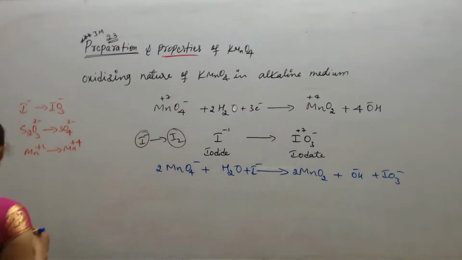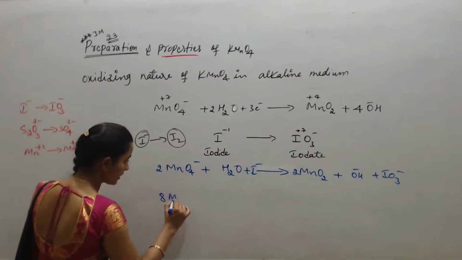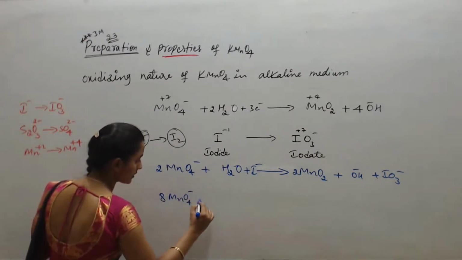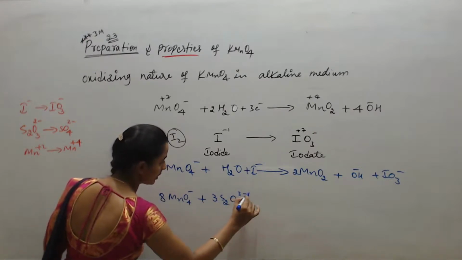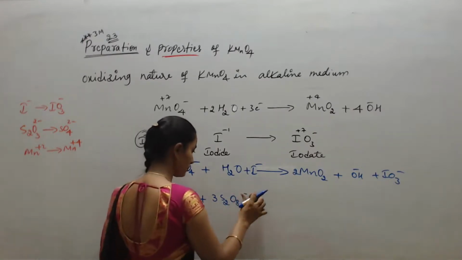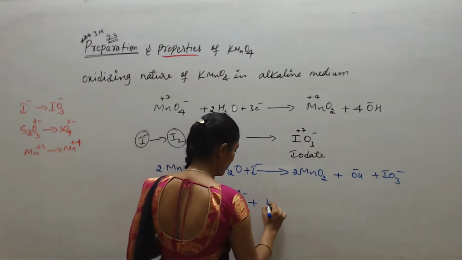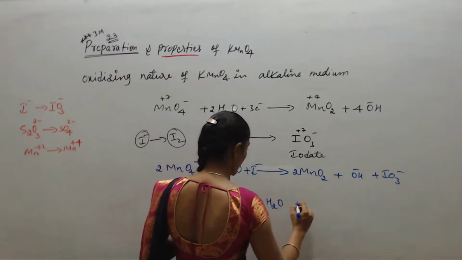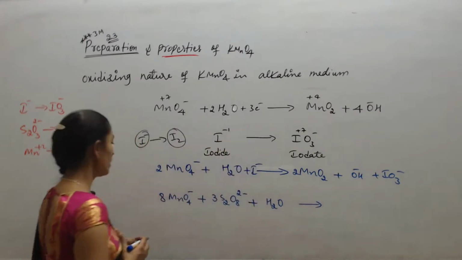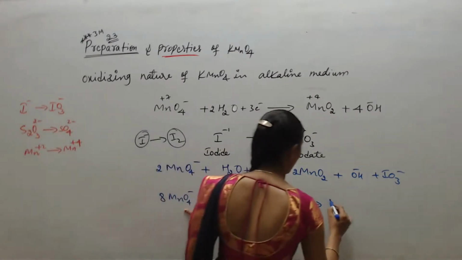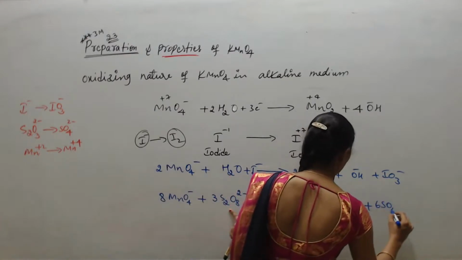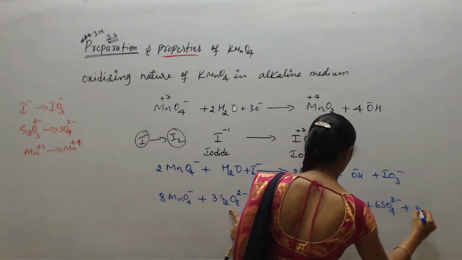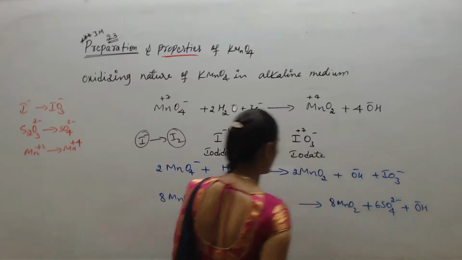If you want to write the reaction for sulfate, this will give 8 MnO4 minus plus 3S2O8 2 minus plus H2O gives rise to MnO2 plus 6SO4 2 minus plus OH minus.